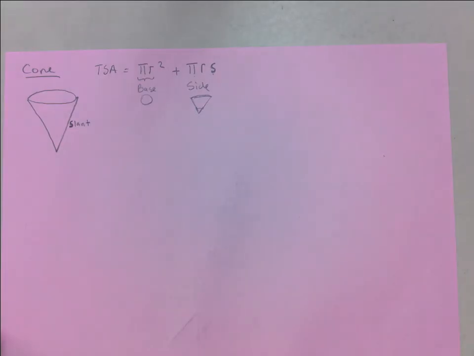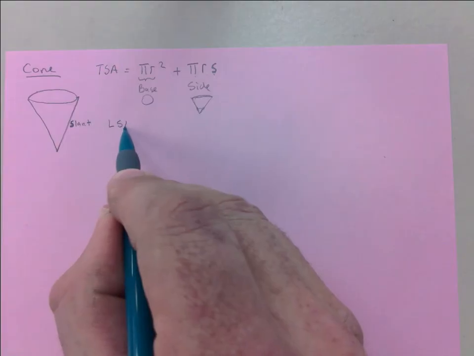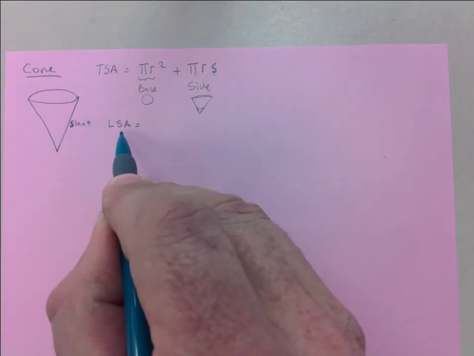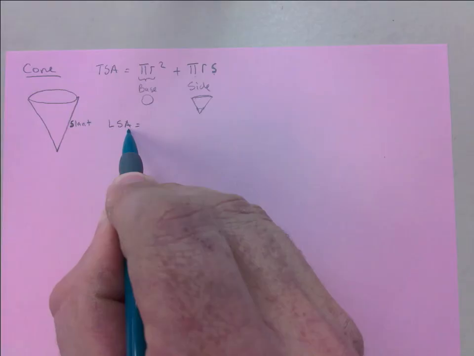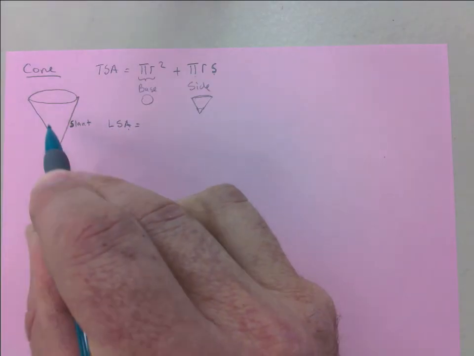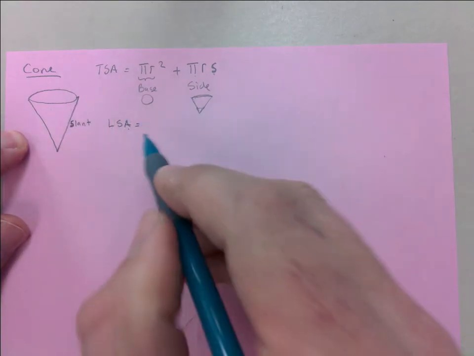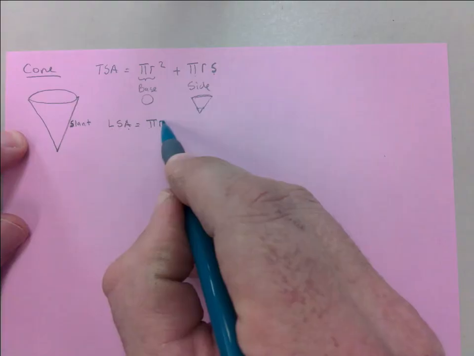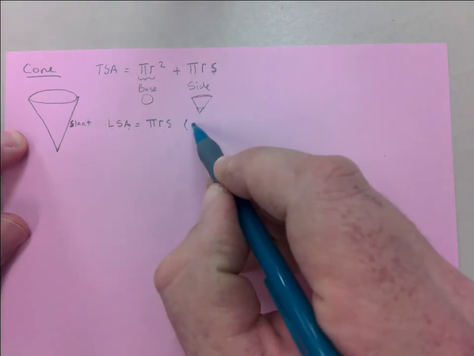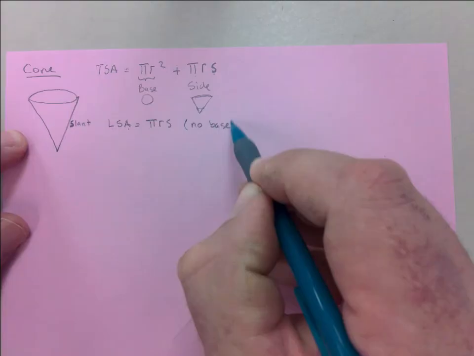So you've got that. So therefore, lateral surface area, anybody remember what lateral surface area means? The sides only. So if you only wanted the sides, you don't care about the top, it would just be pi r s. No base, okay?